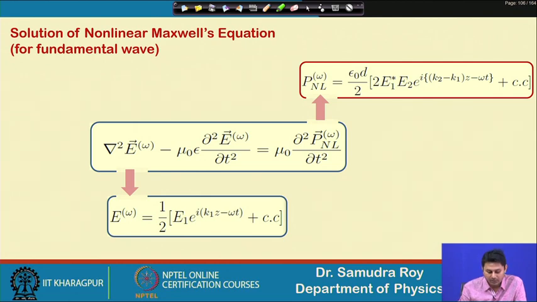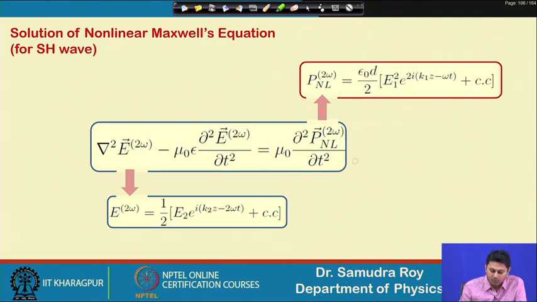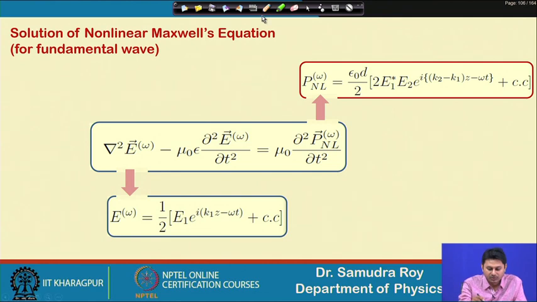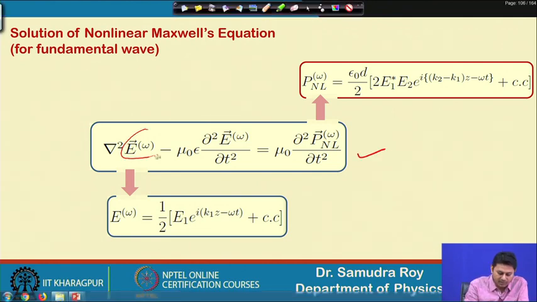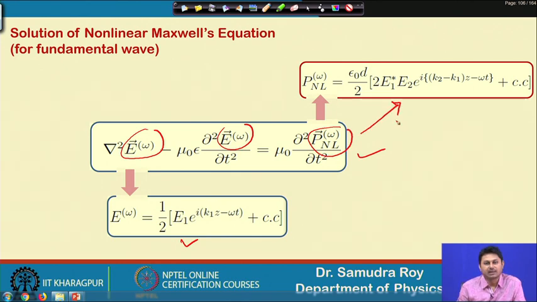So, how to find out how the E omega is going to evolve? We are going to use this equation, this mother equation, where E omega is this and P nonlinear omega is this, that we just derived in the previous page.